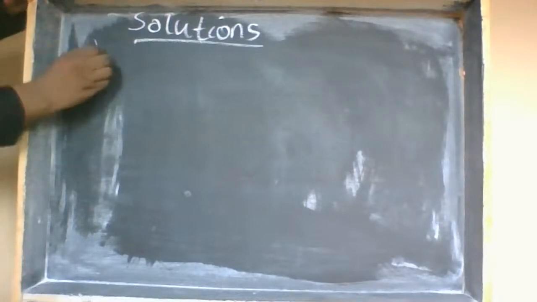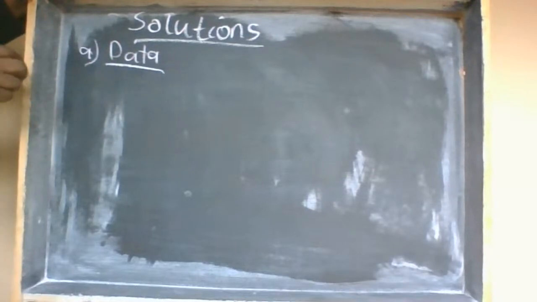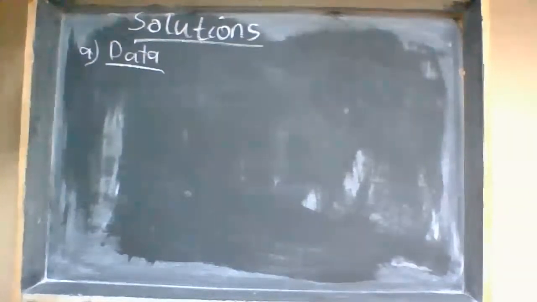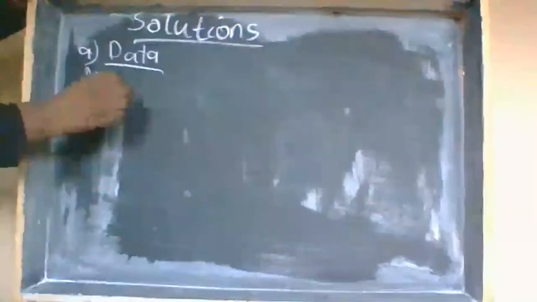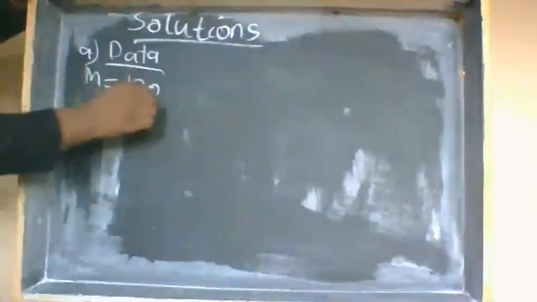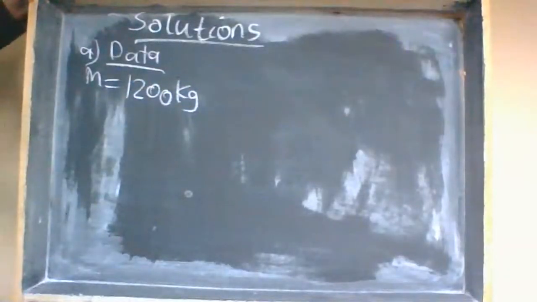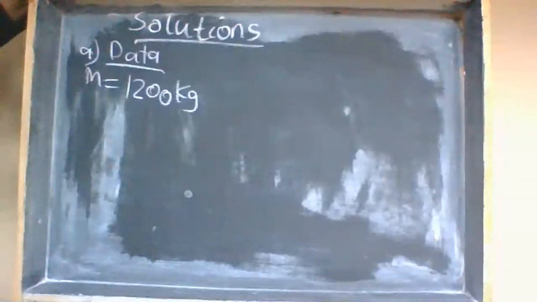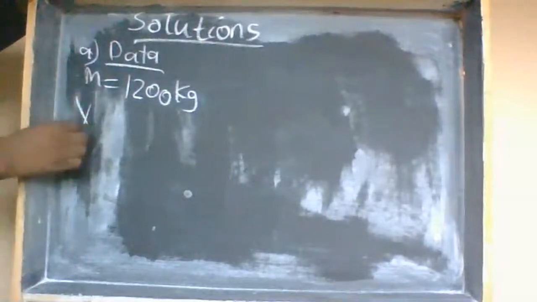We know that if we collect the data of the question, it is saying the mass equals 1,200 kg. That is the mass, and then it traveled at 72 kilometers per hour. That one will be our velocity.